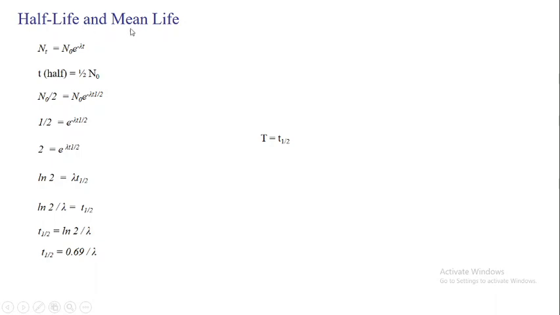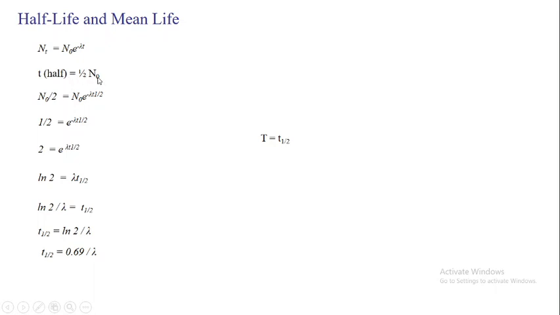So we calculate half-life in mathematical terms. Let the number of radionuclides that have been converted into daughter nuclei at time t be N = N0 e^(-λt). This is the equation that we mathematically derived in the previous slide. So if after t half, if this time is the half-life, then after passage of this time, half of the radionuclides have been converted into daughter nuclide, so T is called the half-life.